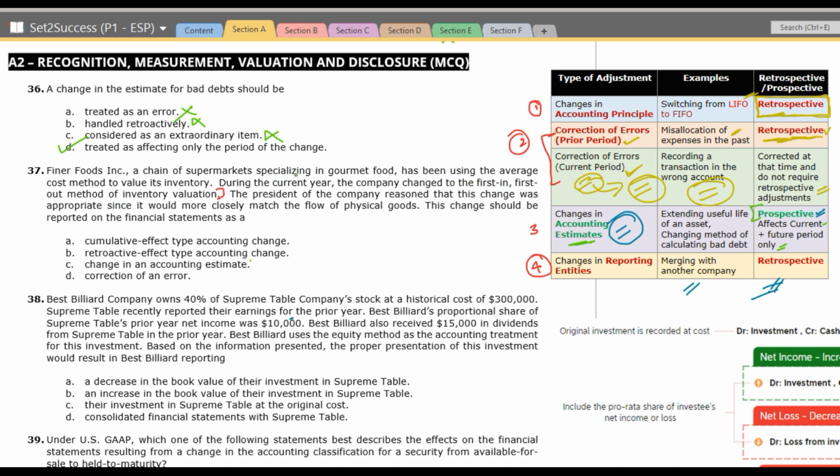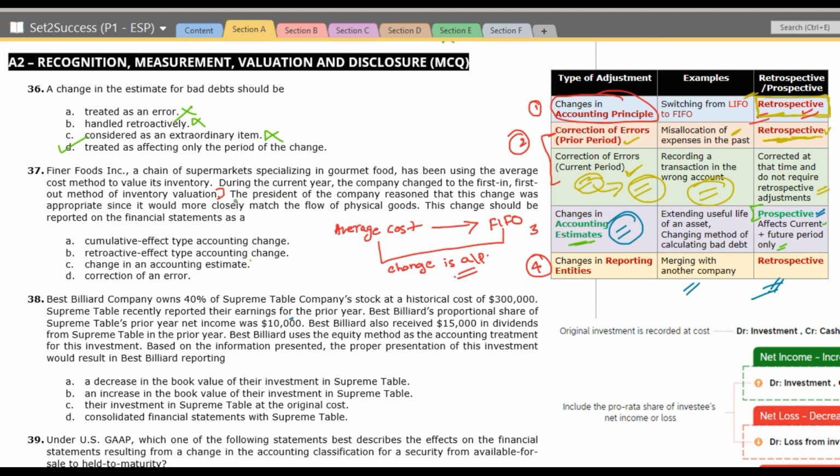So this company is changing from average cost to first in first out. This change from average cost to FIFO is a change in accounting principle, and a change in accounting principle should be treated as retrospective.